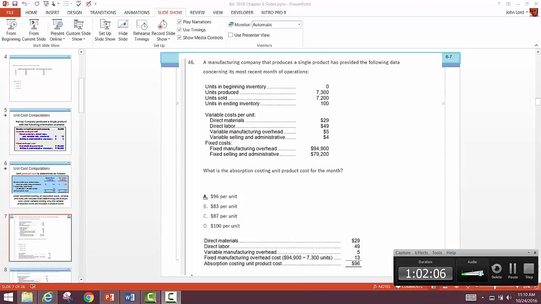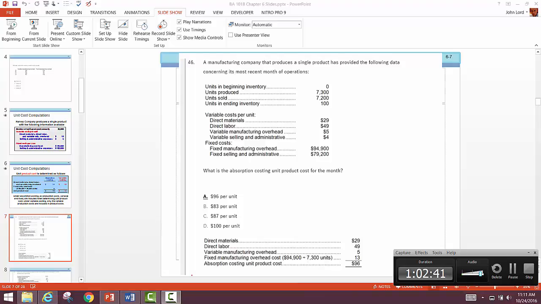So I'm going to take these, and my work in progress was, I'm pointing to the wrong numbers. This is not the way I planned this lecture to go, trust me. 96 times 7,300 is 708,800. I transfer all of that to finished goods.